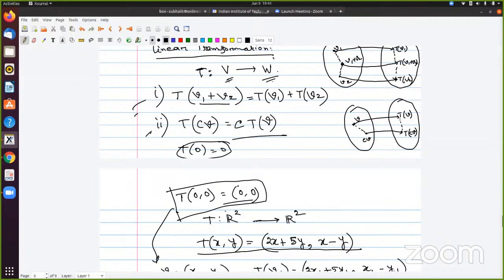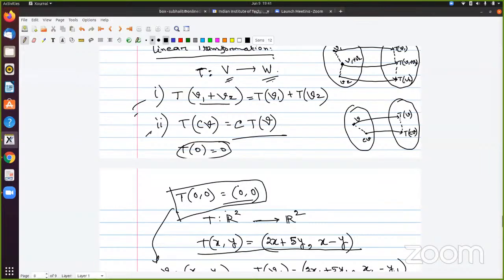These two properties, sir. T(u+v) and T(cu). Yeah. So before going there, I said to first check whether 0 is going to 0 or not. If 0 is not going to 0, then it cannot be a linear transformation. You don't have to go to checking these two properties, right? But if 0 is going to 0, there is still a possibility that it is not a linear transformation. Then you have to check the two properties.